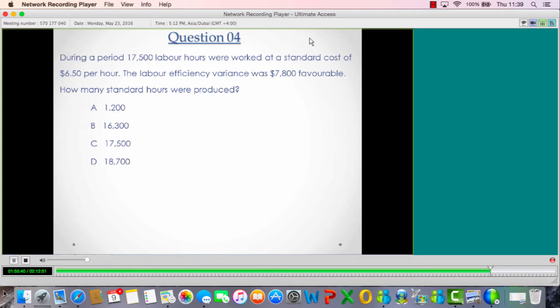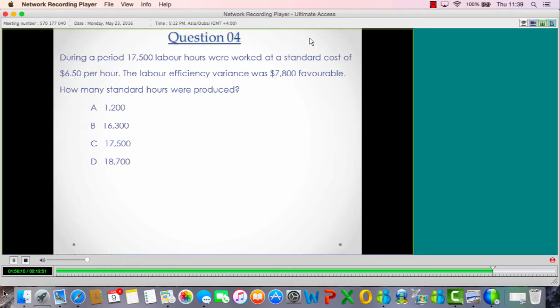So what is my standard labor hours here? What is the only standard labor hours given here? 17,500, right? Because they say during a period 17,500 labor hours worked at a standard cost of 6.5. Actual labor hours? No, they haven't mentioned it.